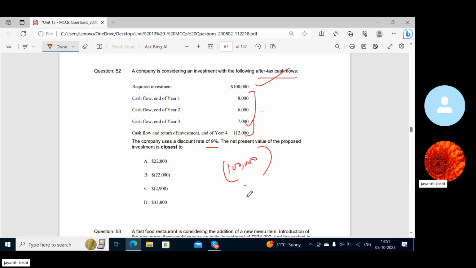Investment is given, cash flows are given. Discount factor 9%. When you multiply, it will be the same.